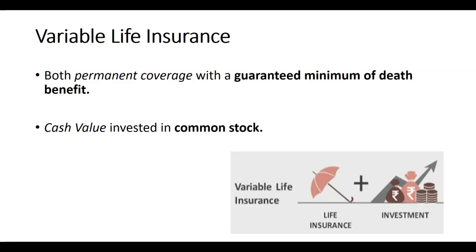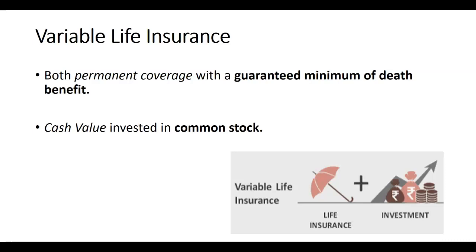With variable whole life insurance, the cash value for this policy is not guaranteed because the cash value is invested into common stocks. We know that stocks fluctuate. They go up and down based off of the performance of the portfolio.